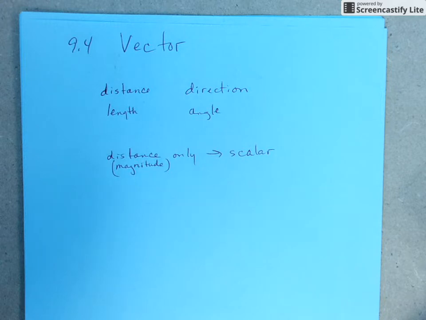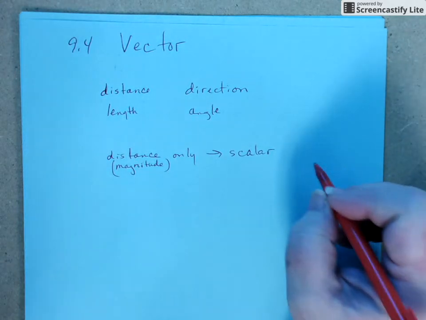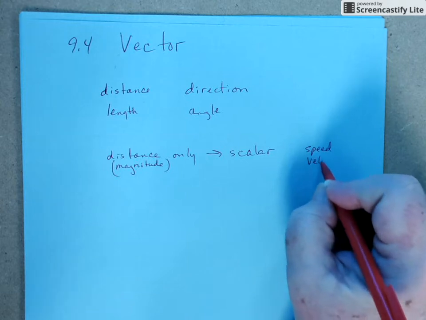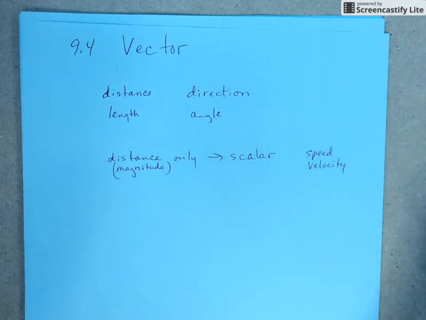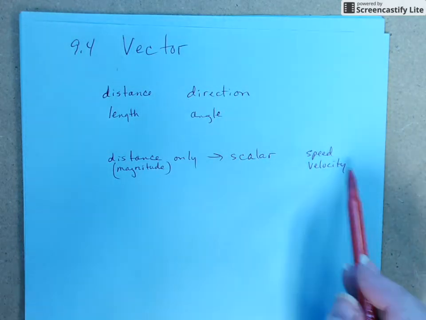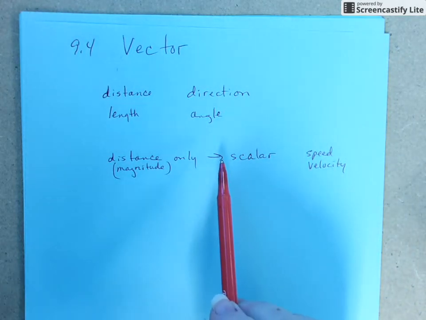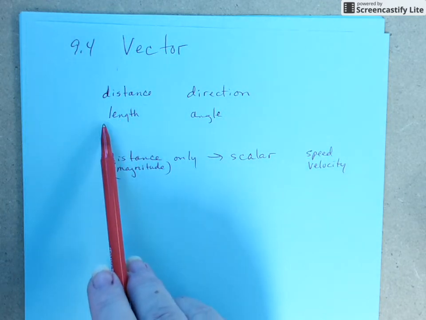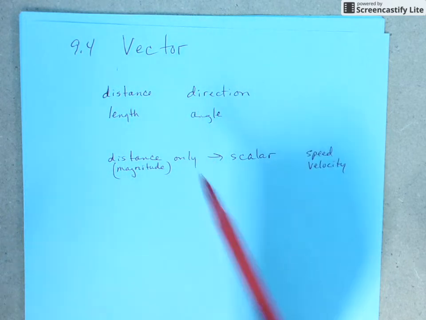Examples of scalar would be your speed, velocity, or if something told you the weight limit, you know how much something could hold, it's got a magnitude. When you're working with that, that's a scalar value. Vectors specifically have distance as well as direction.